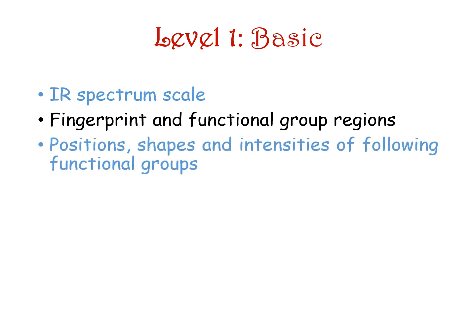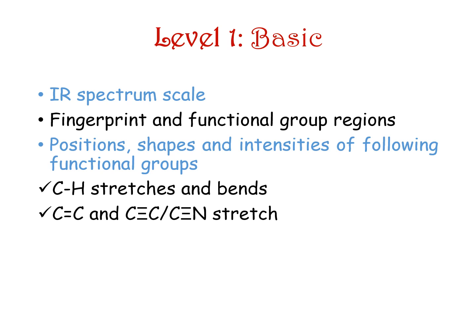Then positions, shapes and intensities of following functional groups as well as different bonds: CH stretches and bends, so alkanes, alkenes and alkynes; C double bond C, C triple bond C and C triple bond N stretches, so alkynes and nitriles; C double bond O and C single bond O stretches, so various carbonyl functional groups like aldehydes, ketones, acids, amides, esters.